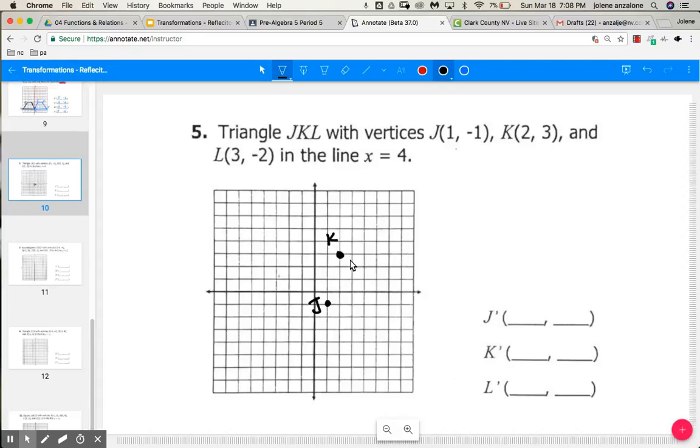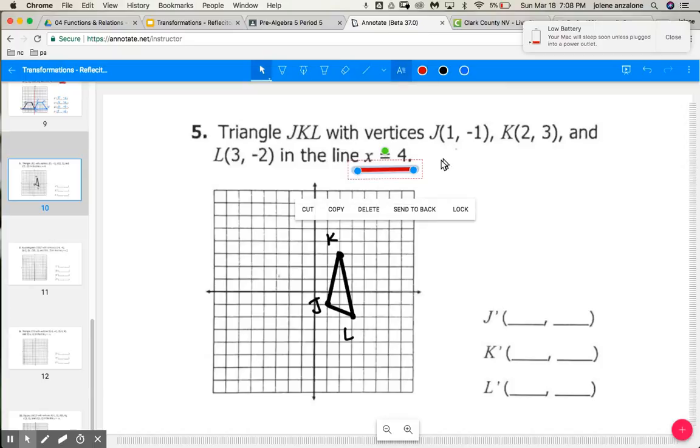And L is 3, -2. Now for our line of reflection, it says our line of reflection is x equals 4.